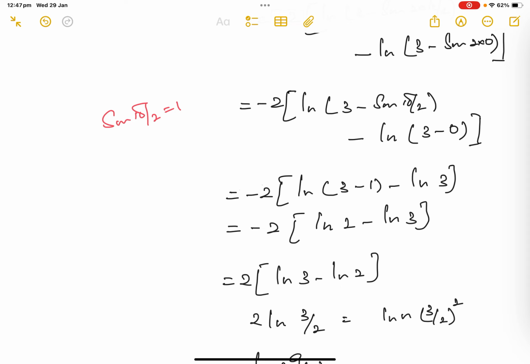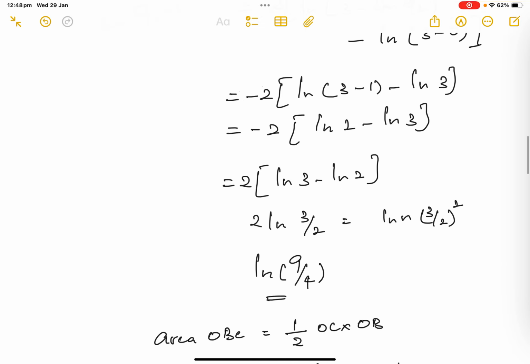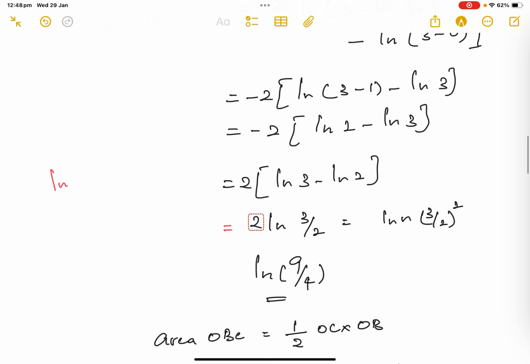If I take the minus inside, the signs change, so ln 3 becomes positive and ln 2 becomes negative, giving 2 ln 3 over 2. We know that ln m minus ln n can be written as ln m over n.